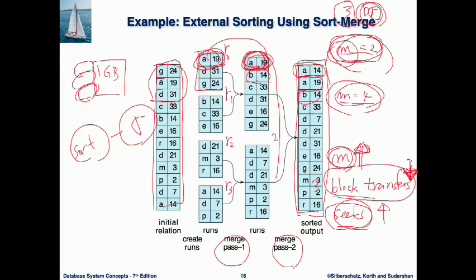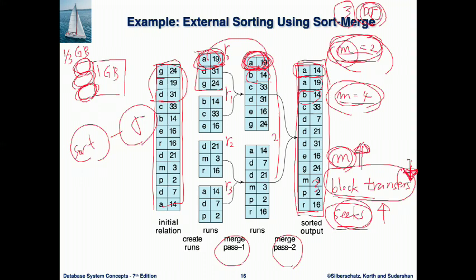So when you're merging 2 input runs into 1 output run, you have 2 buffers for the input and 1 buffer for the output. So you are going to use about 333 megabytes per buffer, okay? 1/3 of 1 gig. So that is when M equals 2.